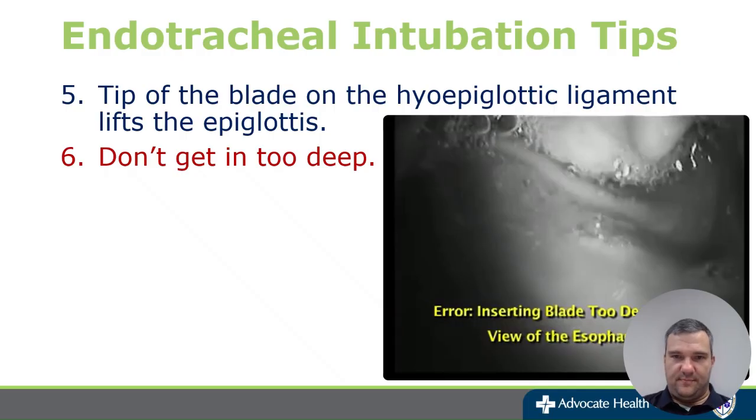You just see a whole lot of pink tissue and saliva, and you can't find the tube, or you can't find the cords or your epiglottic opening. So if you find yourself in this type of situation where you see some of the esophagus and things like that, pull your blade back, and a lot of times things will just pop into focus as you back up enough to visualize the anatomy that you're looking for.